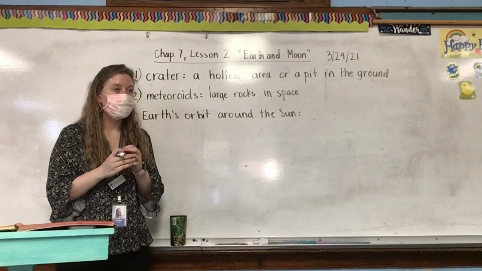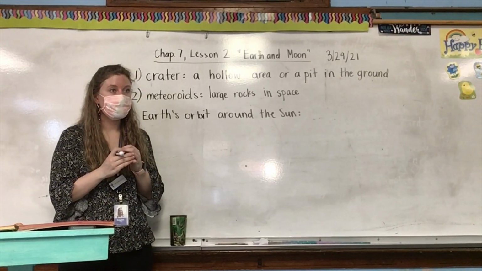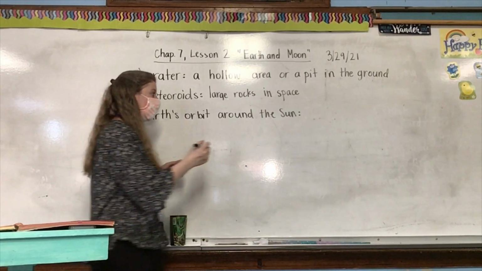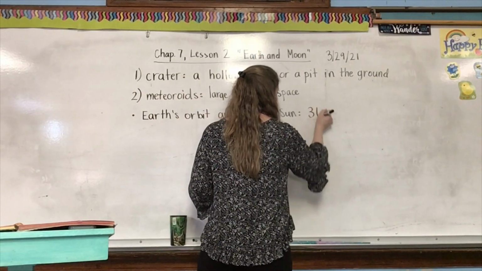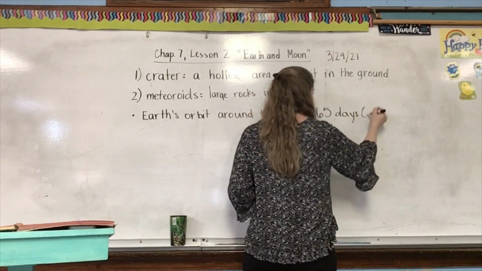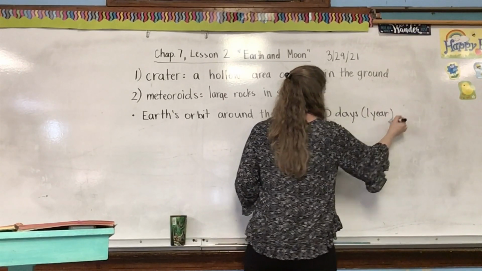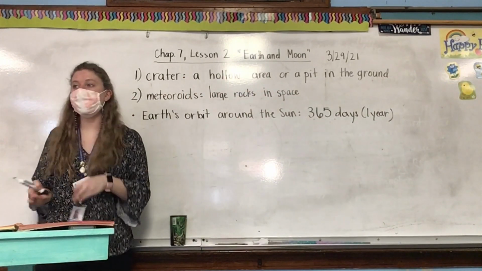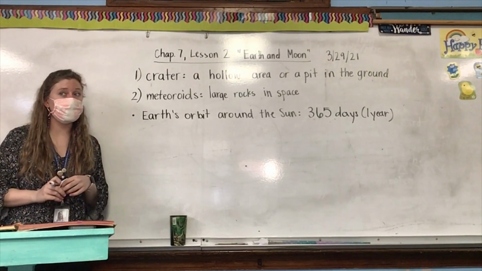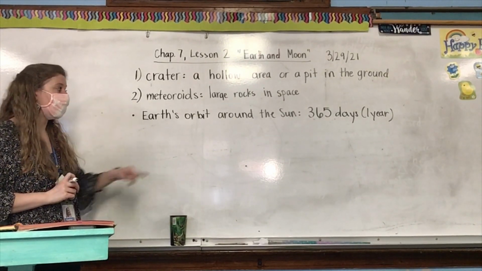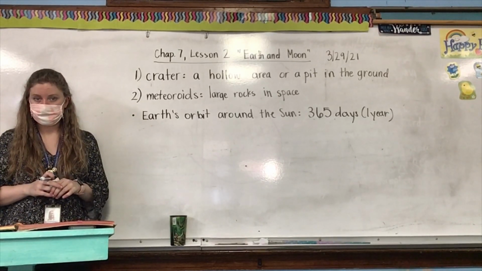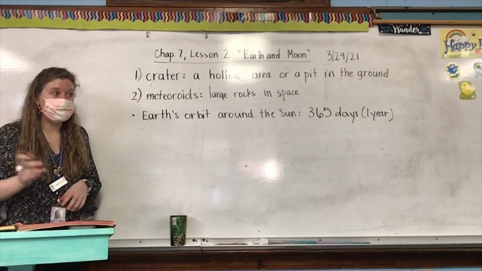The Earth's orbit around the sun takes 365 days or 1 year. 365 days, which Carla told us is the same as 1 year. I did not ask how long it takes for the moon to orbit around the Earth. I asked how long it takes the Earth to orbit around the sun. That's 365 days, a year. That's why we have a year.